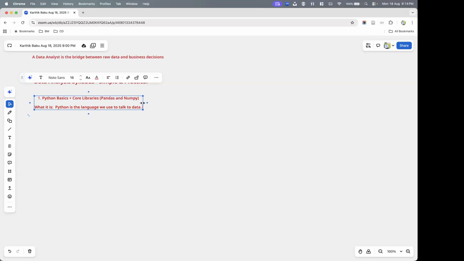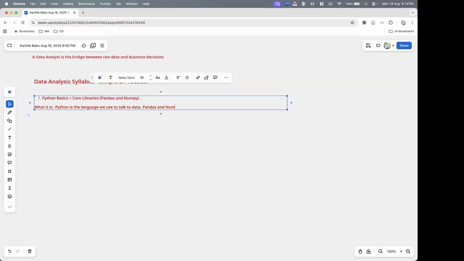And the next thing is, what are pandas and NumPy then? Pandas and NumPy are special tools that make handling big tables easy, because you will not be working on a small sample of data.